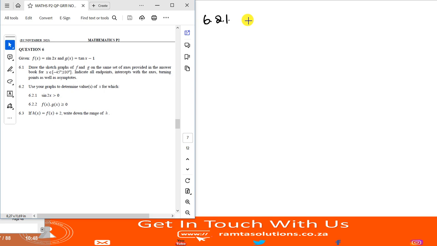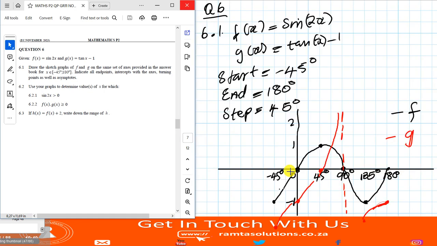6.2.1 is to say sine 2x is greater than 0. What does it mean? It means f of x is greater than 0. Where is f of x greater than 0? It says the y value of f is positive. Look at it: to the right of 0 degrees, until 90 degrees.